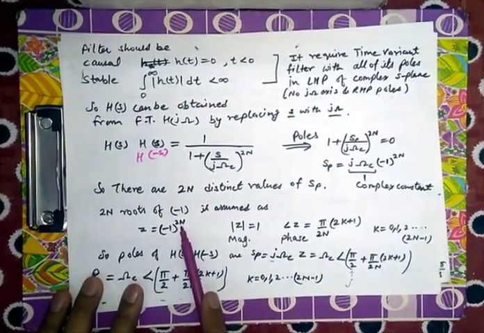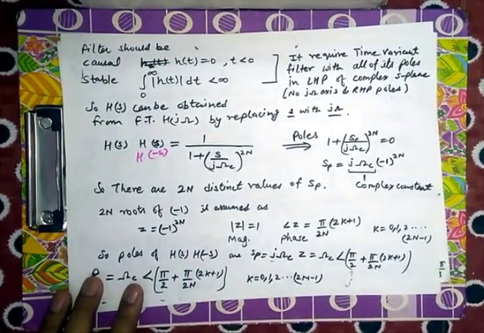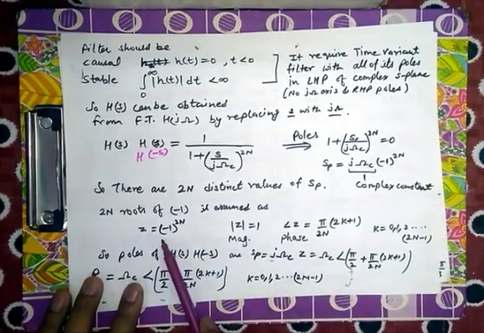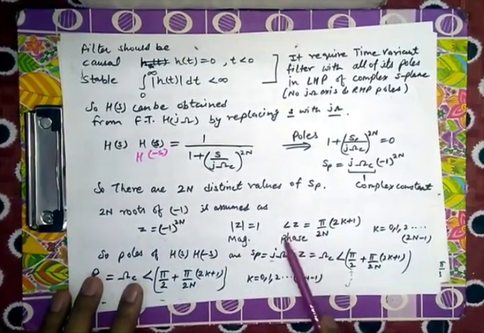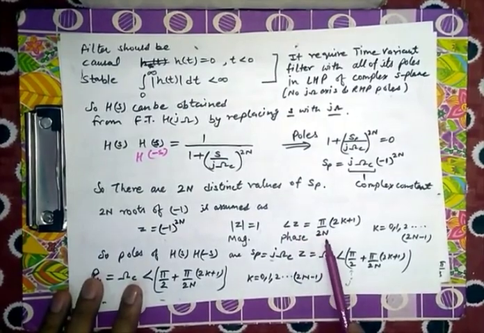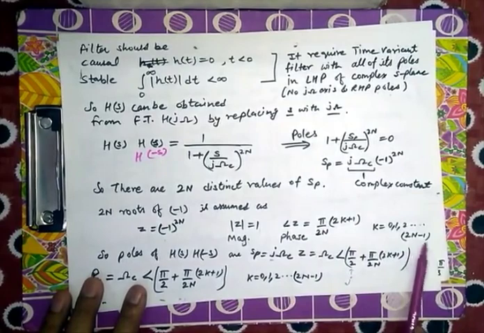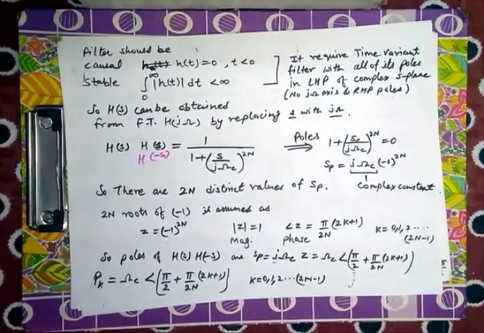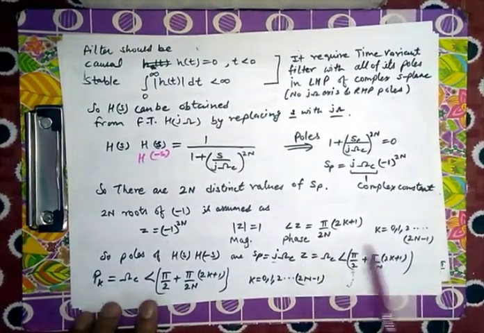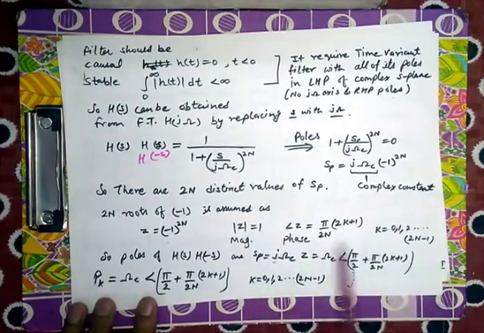If k is 0, value is different, k equal to 1, value is different. So this phasor part qualifies that the phase of z is equal to pi by 2n, (2k plus 1), where k varies from 0 to 2n minus 1. This is the standard result, standard roots of this equation.